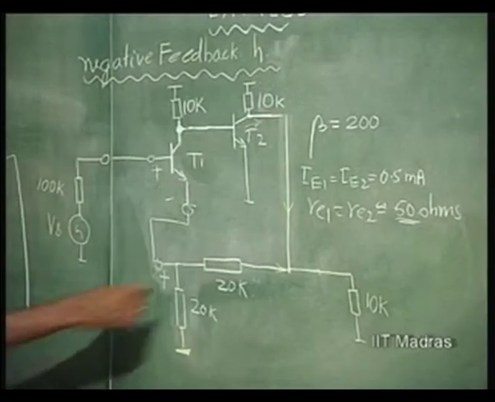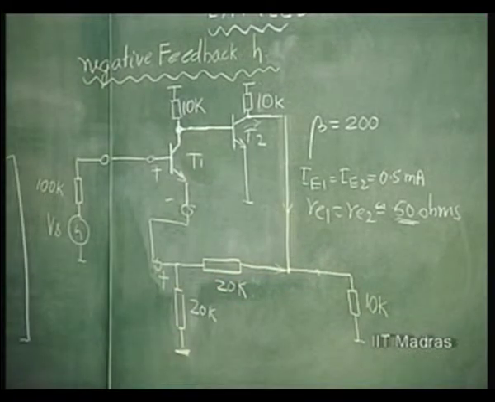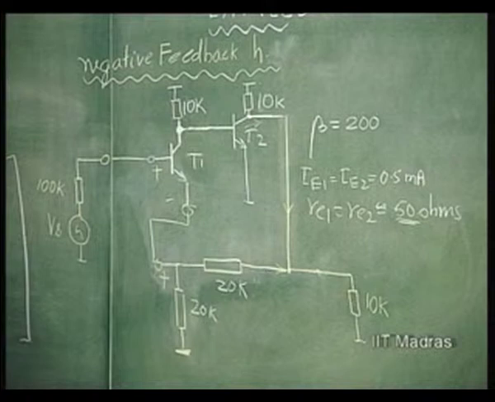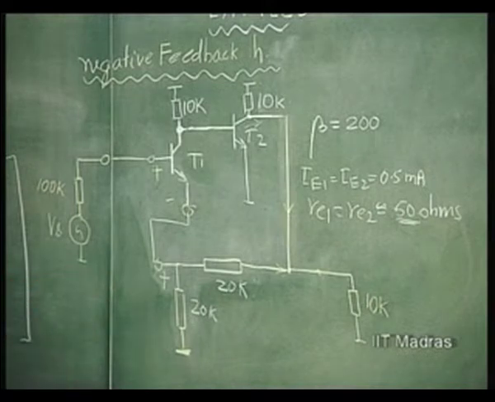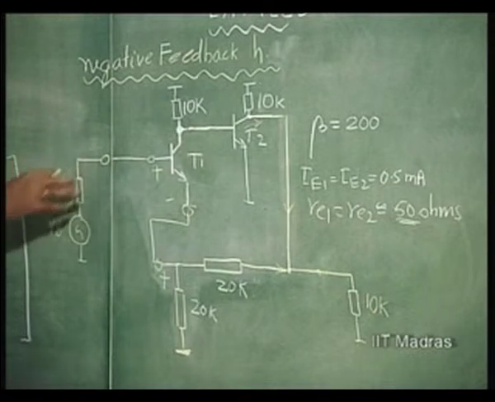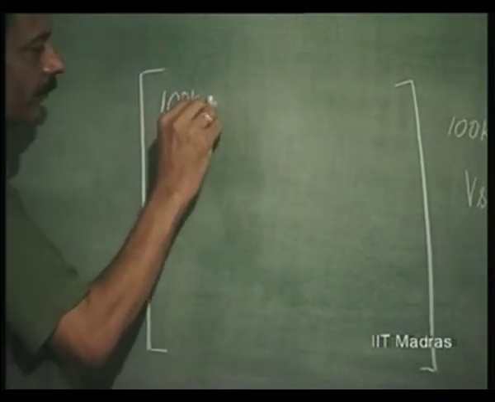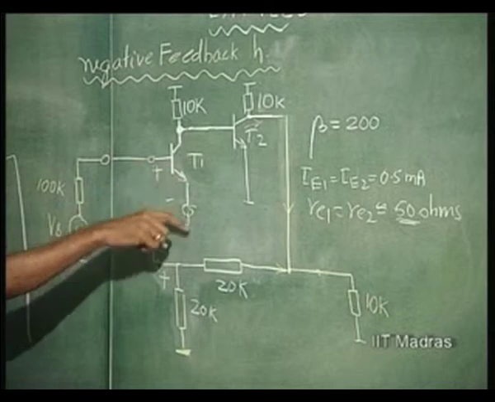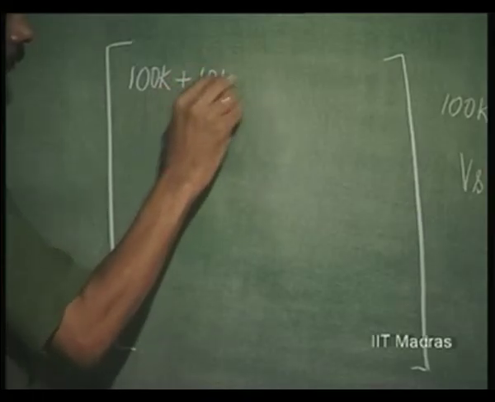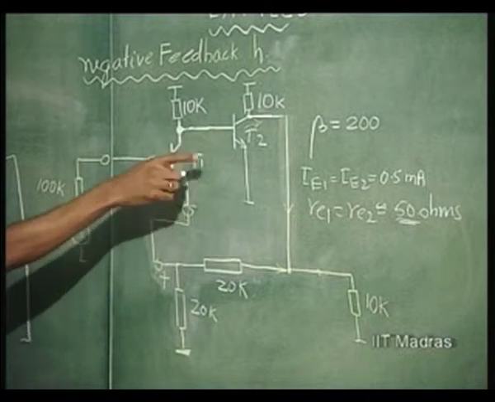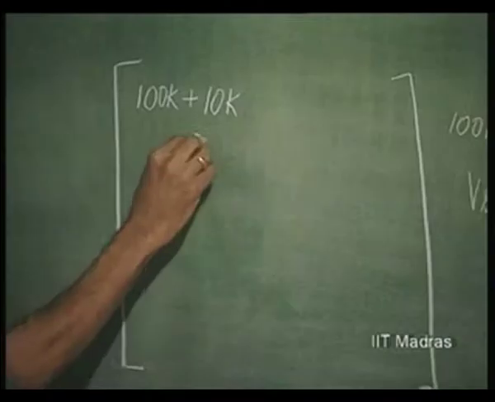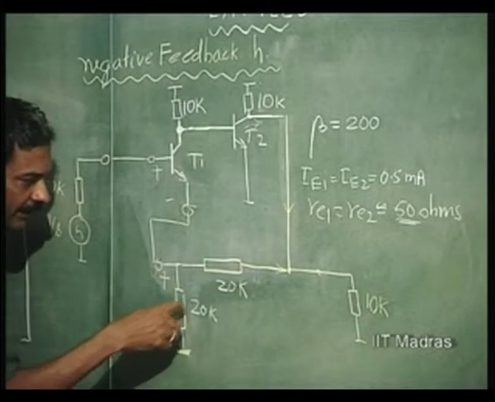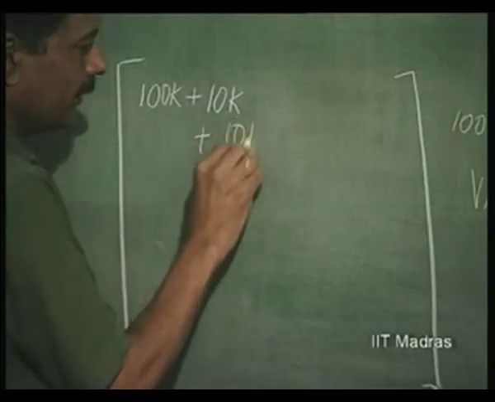Once again, we short circuit this. So, the composite H parameter of this network now has to take into account both source and the load impedance. Okay. So, we have at the input a 100k source impedance plus obviously the 10k, which is RE1 into beta plus 1, roughly equal to 10k, plus then this is shorted, we have 20k parallel 20k, which is again going to lead to 10k.